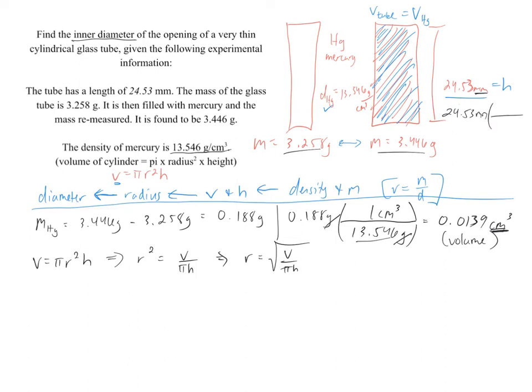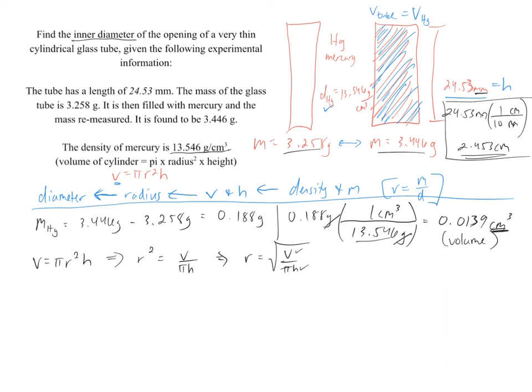I want to convert that to centimeters and get rid of millimeters. For every 10 millimeters, I have 1 centimeter. That gives me 2.453 centimeters. That's my new height in centimeters. I'm doing that so that volume and height can actually interact mathematically with the appropriate units. Units matter, guys. They matter a lot.